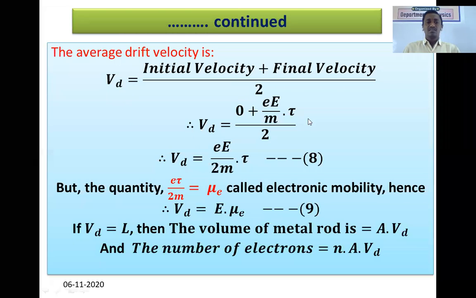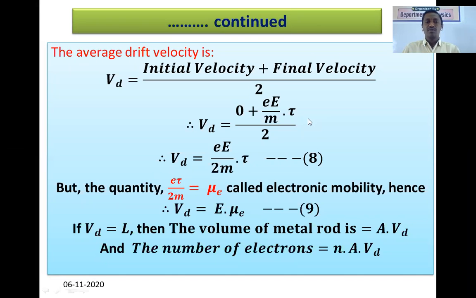With this new velocity the electron moves in a new direction. Now let us calculate the average drift velocity, or average velocity possessed by the electron due to the application of the electric field. It is called drift velocity because, due to the application of the electric field, the electron orients in a direction opposite to the field.